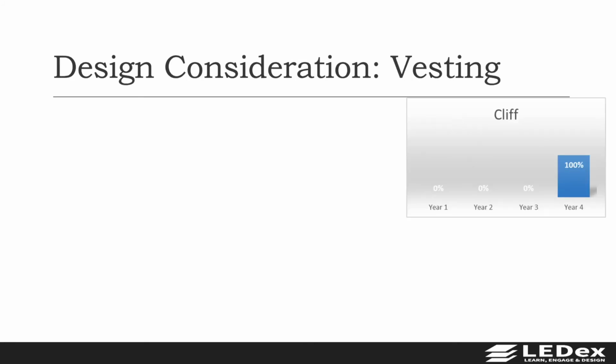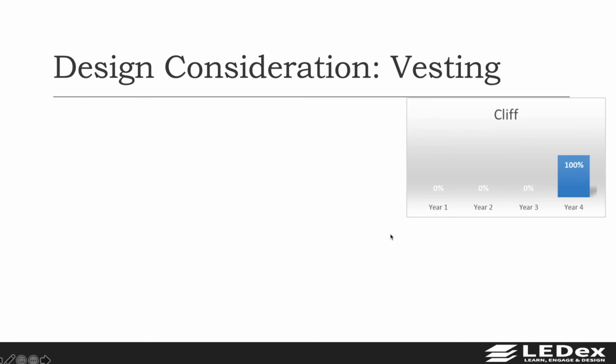Now, from a vesting perspective, vesting, of course, is the time from the grant date at which the award is truly considered earned by the individual. There are different vesting schedules that are prevalent. If retention is a major consideration, the vesting plan could look like a cliff vesting plan.